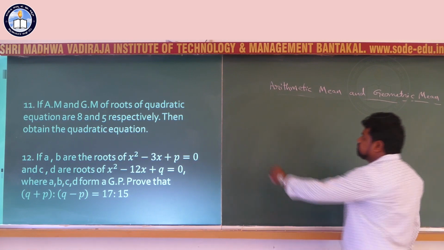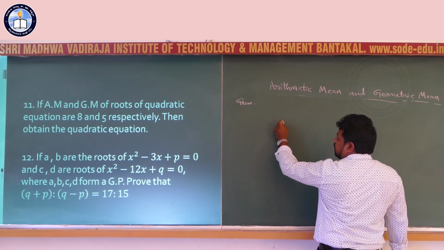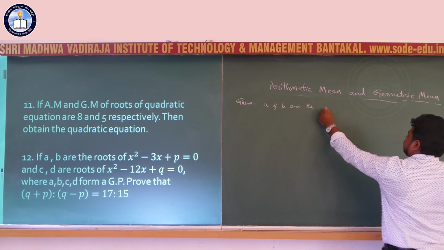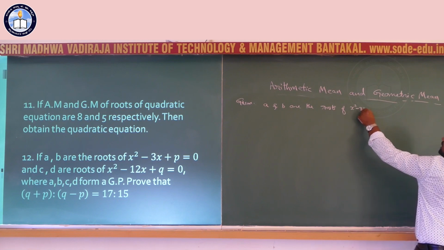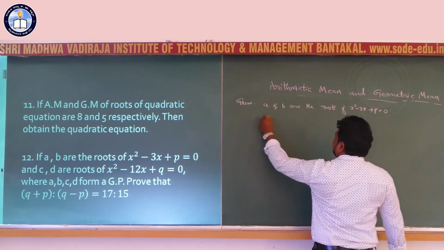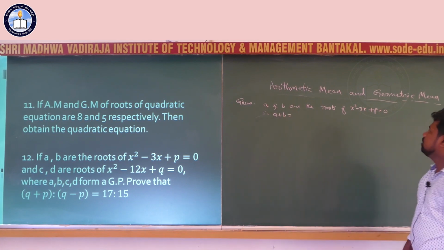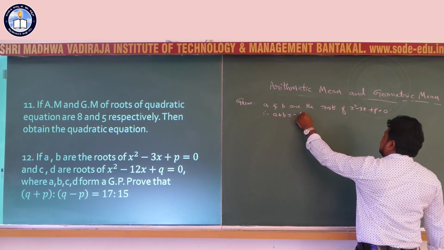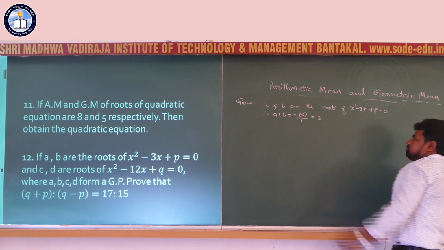Given a and b are the roots of x square minus 3x plus p equal to 0. Therefore a plus b equal to minus of minus 3 by 1, that is equal to 3.